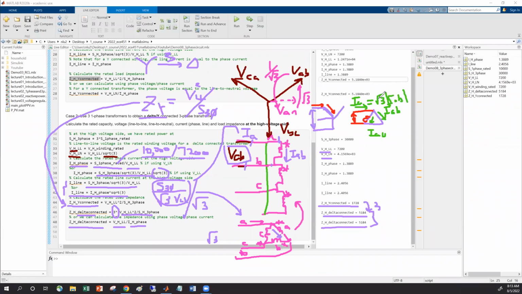There's also an angle which is lagging, and we can talk about that in class. But you can see that for a delta-connected load, the line current is not equal to the phase current. And for a Y-connected load, the line-to-line voltage is not equal to the phase voltage. Okay, so they all have a square root of 3 relationship.